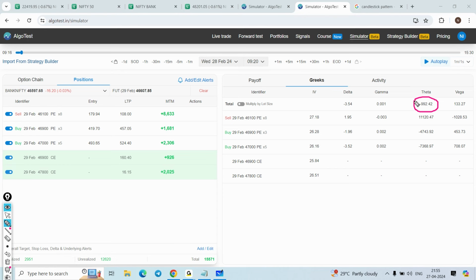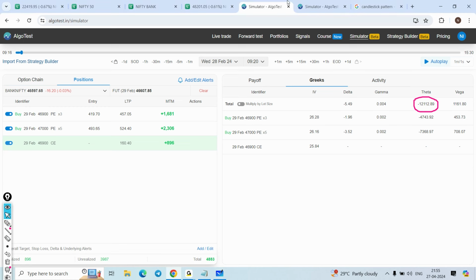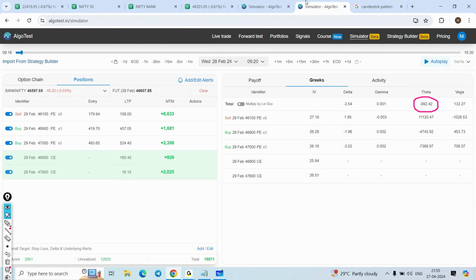Here theta is what? Just minus 1,000. Can you see the big difference here? Theta same day, 28 February 920, 28 February 920. Can you see the effect of theta? Very less.